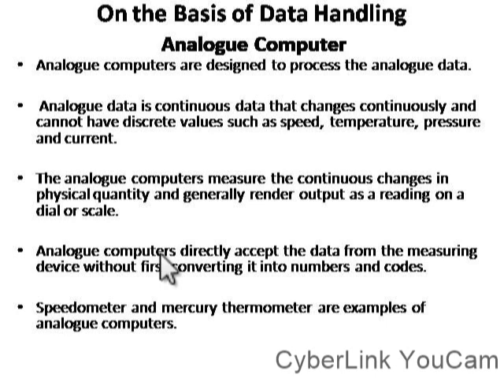An analog computer measures the continuous changes in a physical quantity and generally renders output as a reading on a dial or scale. An analog computer directly accepts the data from a measuring device without converting it into numbers or code. Some examples are speedometer and mercury thermometer. These are examples of analog computers.